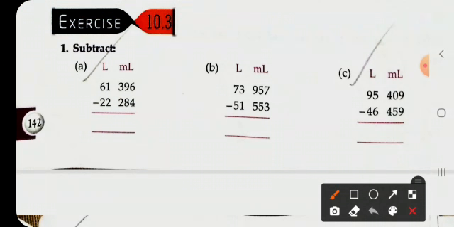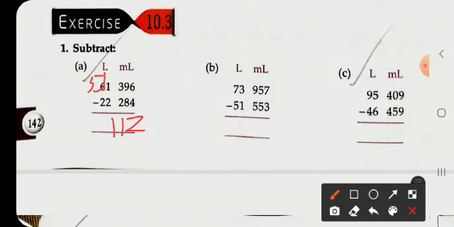Now let's start. 6 minus 4 is 2. 9 minus 8 is 1. 3 minus 2 is 1. Then 1 is a smaller digit, so we will carry 1 and 6 will be reduced to 5.